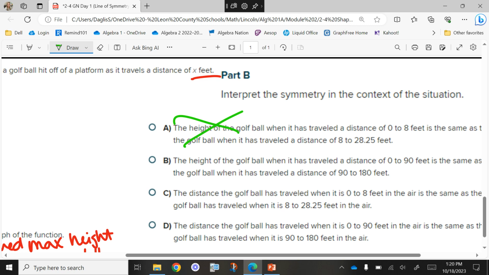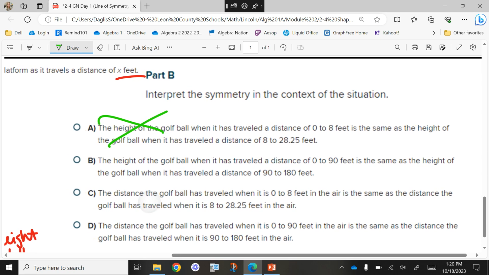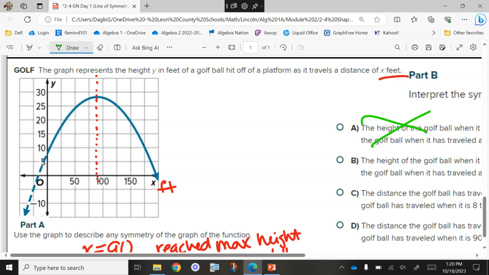The height of the ball when it has traveled a distance from 0 to 90 is the same as the height of the ball when it has traveled a distance from 90 to 180. So it's saying 0 to 90 is the same as 100 to 180. Are those the same on both sides? I kind of like this one. This is showing that both sides are the same. Okay? Y'all, please stop talking.